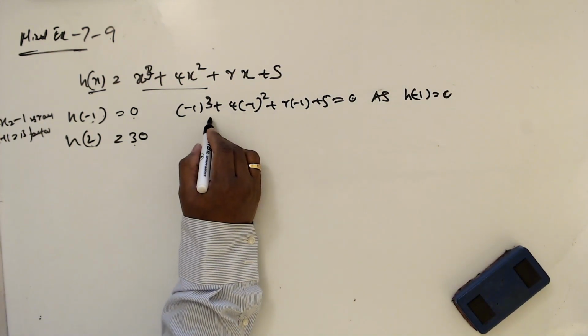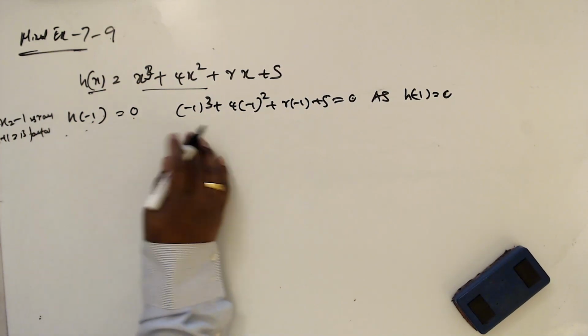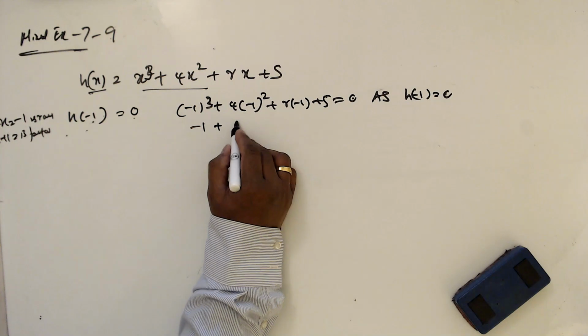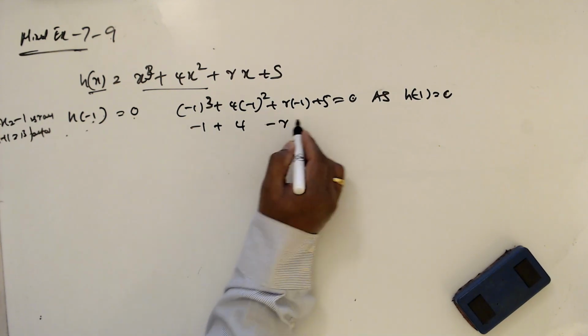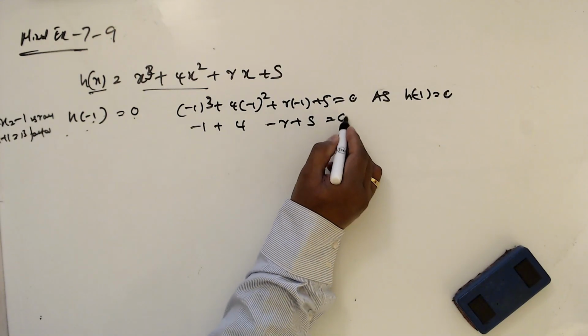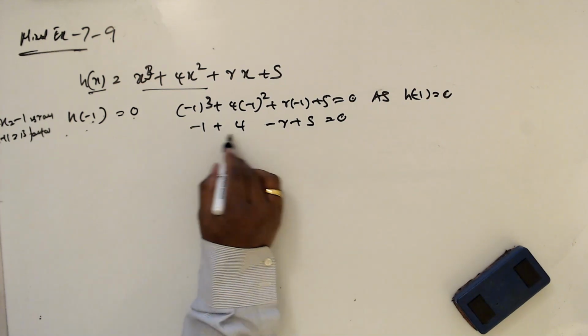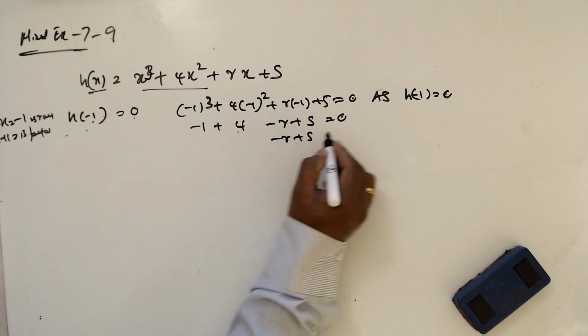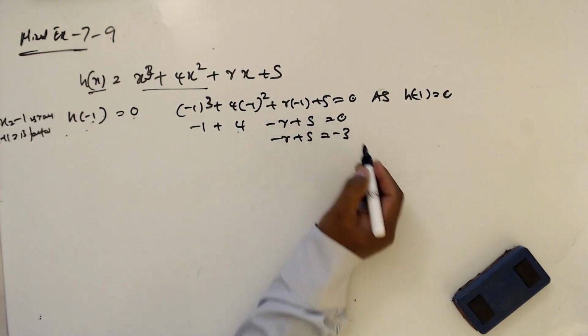Then this is going to be minus 1 plus 4 minus r plus s equals 0. This is going to be plus 3, to the other side minus 3, so minus r plus s is minus 3.